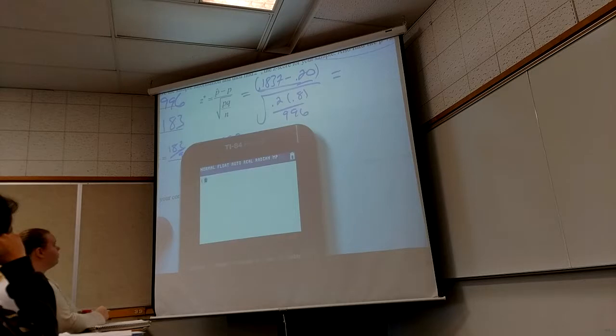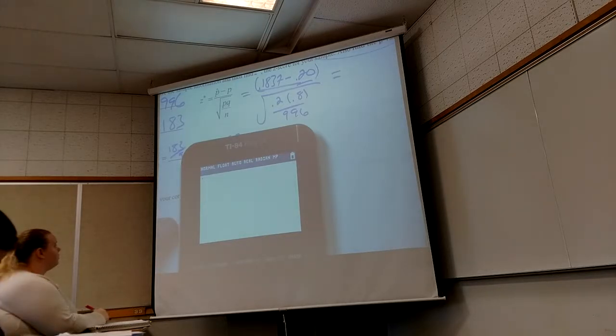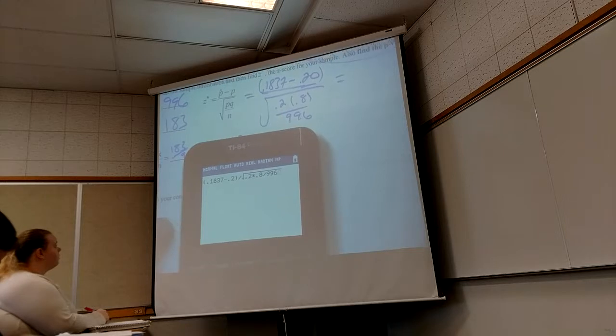So do 0.1837 minus 0.2 in parentheses, divided by the square root of 0.2 times 0.8 over 996. You don't have to round anything off. If you have the older calculator that has a parenthesis in the square root, just don't close it until you get all that stuff in there.